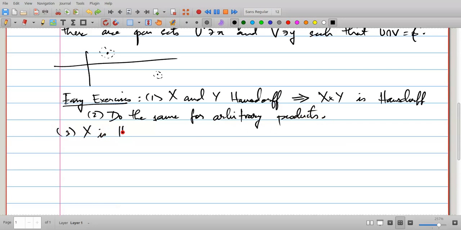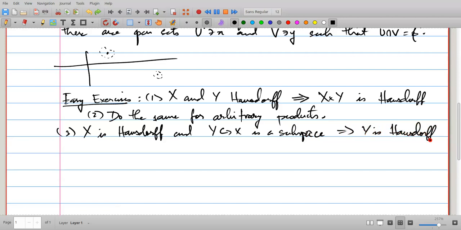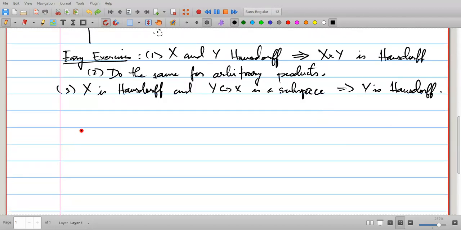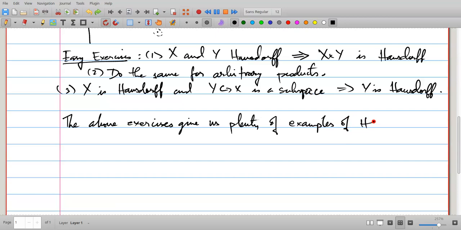X is Hausdorff and Y contained in X is a subspace implies Y is Hausdorff. So the above exercises gave us plenty of examples of Hausdorff topological spaces.